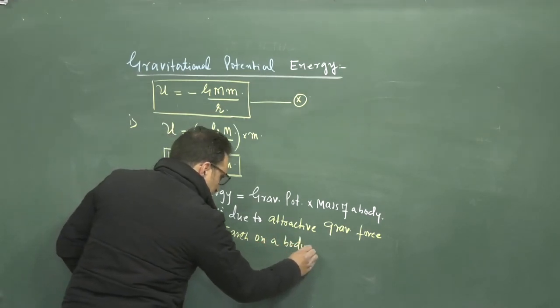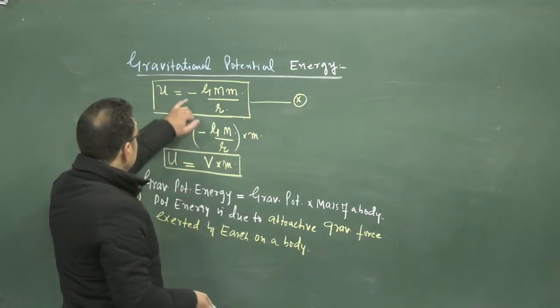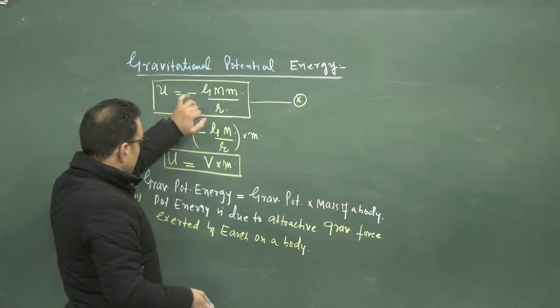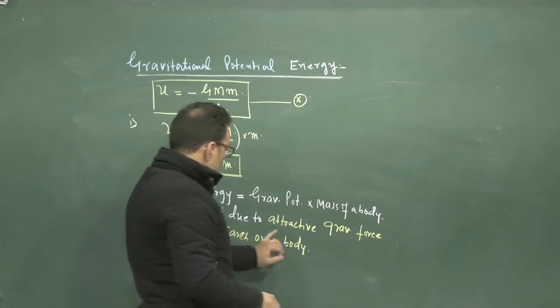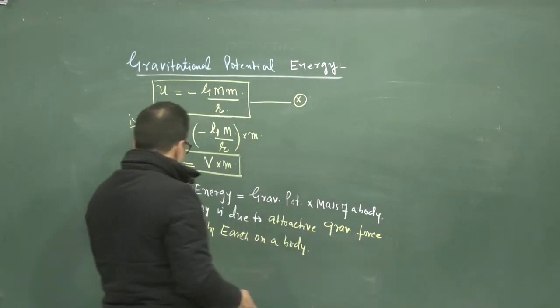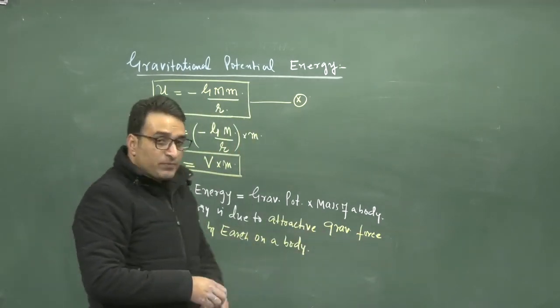This is the significance of the negative sign. That means negative sign in equation x indicates that the potential energy is due to the attractive gravitational force exerted by Earth on a body.